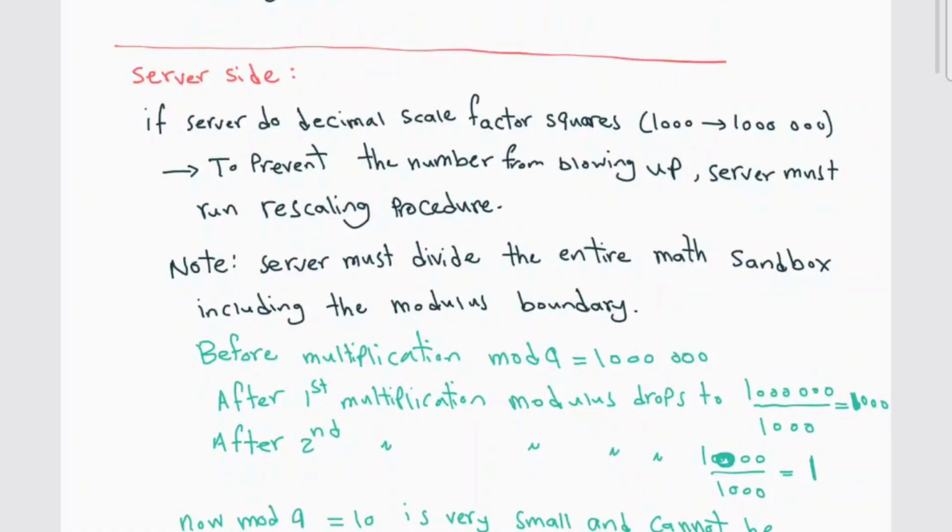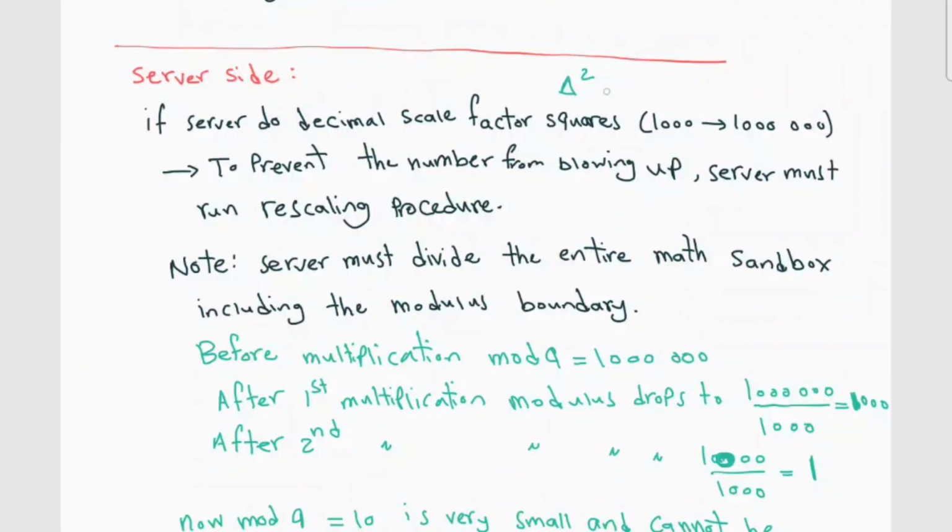On the server side, if the server applies the scaling factor squared, for example here 1000 goes to 1 million, this blows up the numbers. Of course, if we keep multiplying, the numbers keep increasing, and that's the same problem I discussed in the previous paper, the delta squared problem.